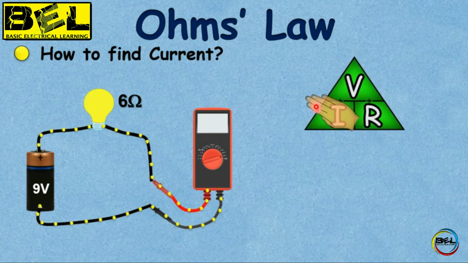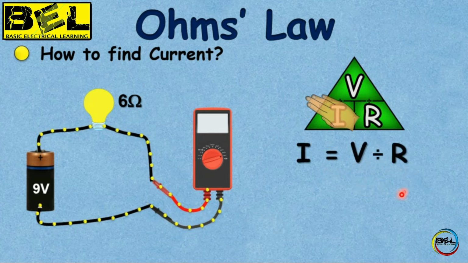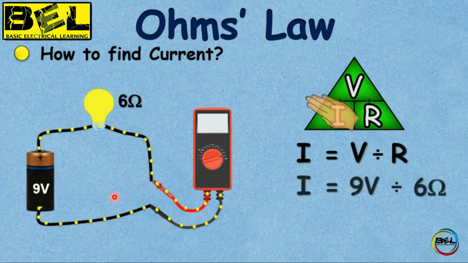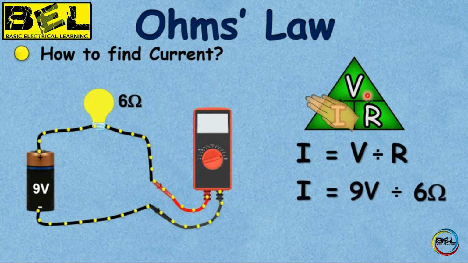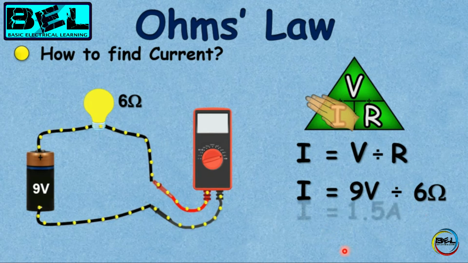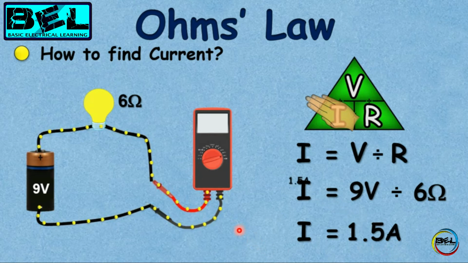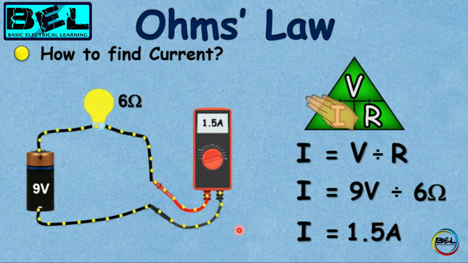Again in this equation we will cover the I. The equation will become V divided by R. So I will become V divided by R, and V is 9 volt and R is 6 ohm, and 9 divided by 6 will become 1.5 ampere. So the current in this circuit will be 1.5 ampere.